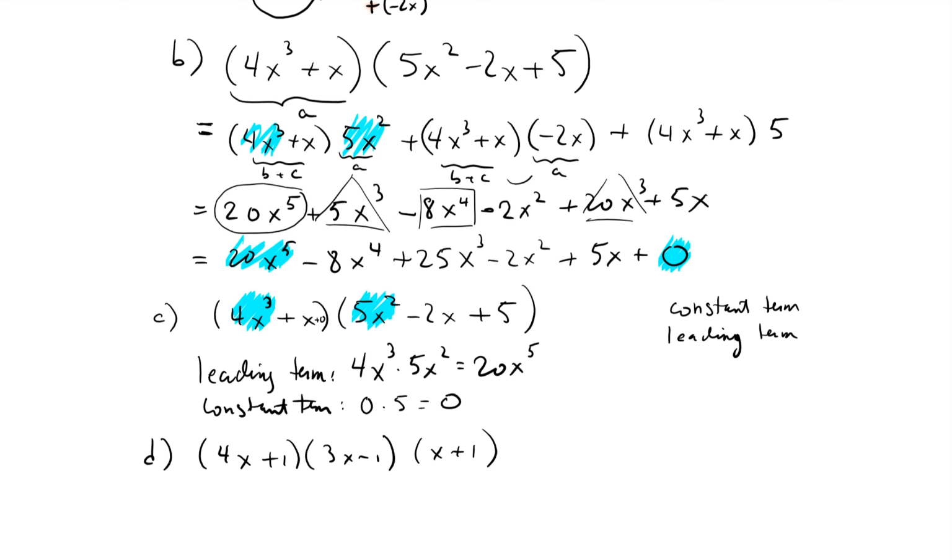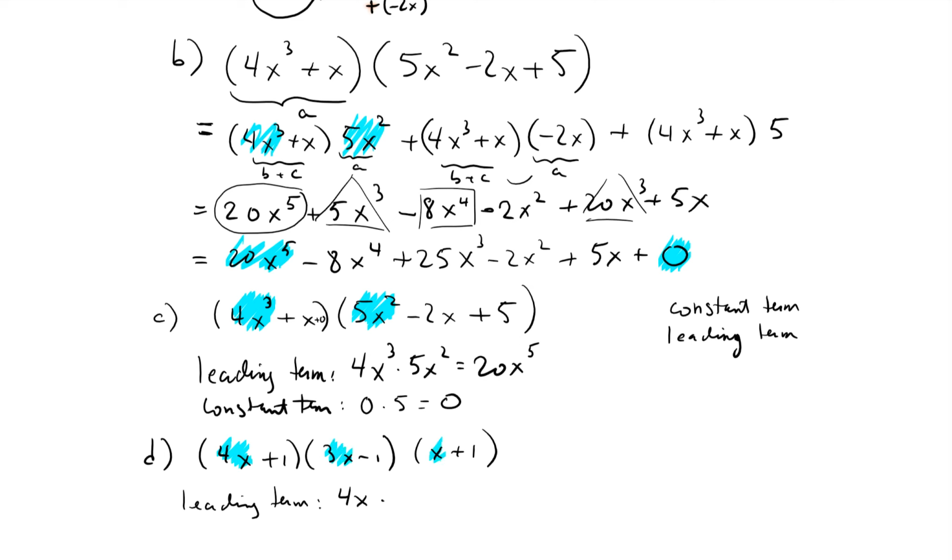Okay, so to multiply this, I'd have to do, well, actually, like I said, let's start with finding, without multiplying everything, what the leading term is. The leading term is obtained by multiplying the highest powers among all the polynomials we have to multiply together. So 4x is the highest one in 4x plus 1, 3x here is the highest one, x here is the highest one.